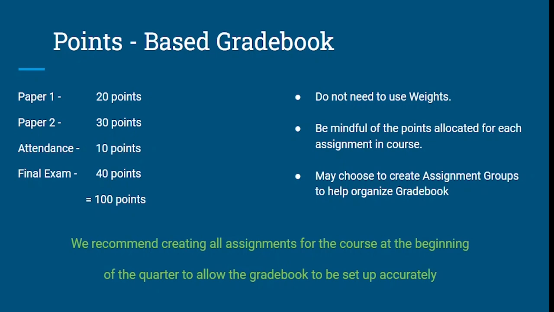So as you add assignments to your course, keep that course total in mind as you assign those individual point values. And lastly, you may choose to use assignment groups if you're using a point-based grading scheme to organize and group like assignments within your gradebook.